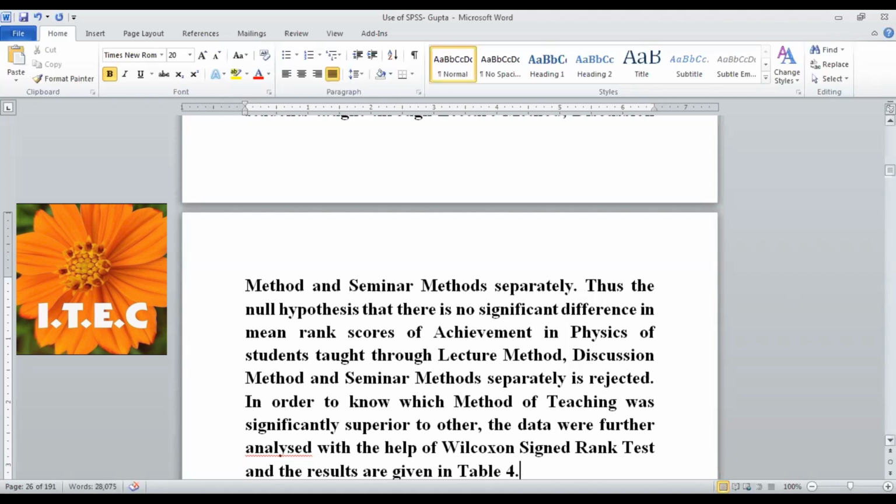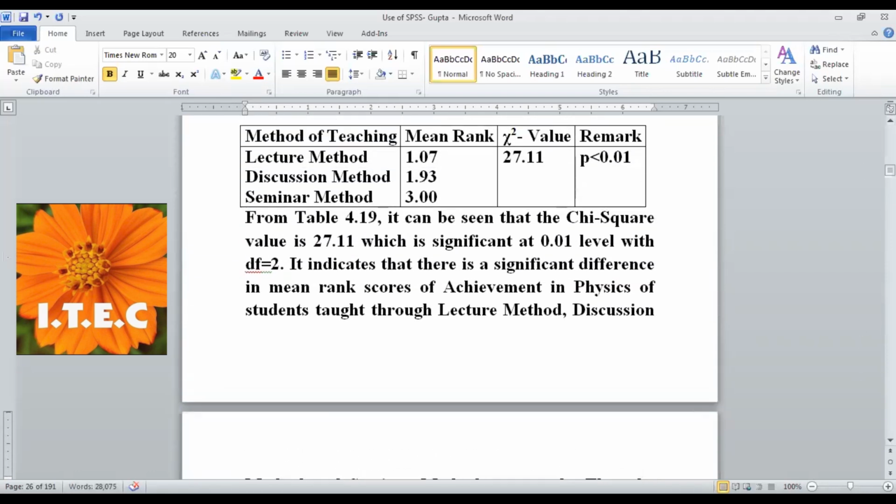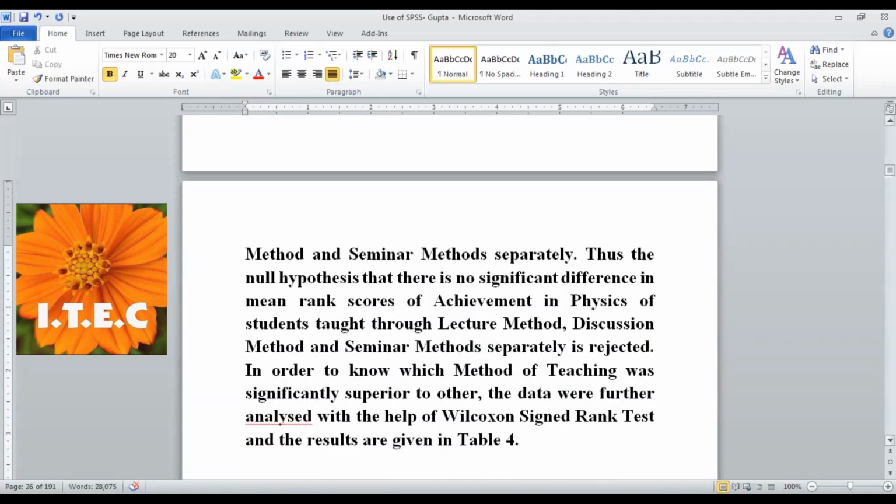So now this table was, I think, 4.19. So I can say 4.20 now.